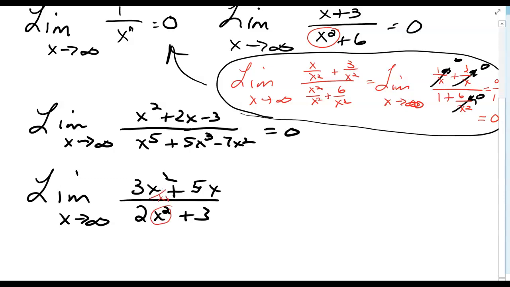We can do that because essentially what we're doing is multiplying by 1 over x squared over 1 over x squared, which is just multiplying by 1. And when you distribute it across everything, that's where dividing everything by x squared comes from.